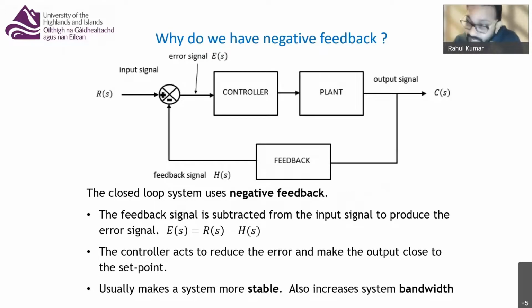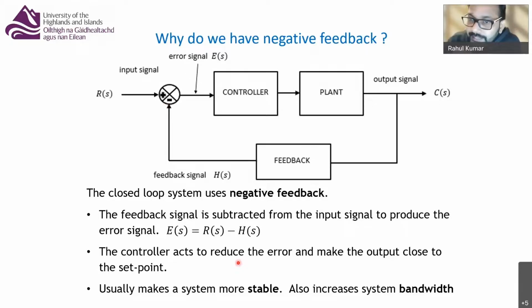Now, as I mentioned, we prefer to have negative feedback. Why do we want negative feedback? Why can't we have positive feedback? The answer is quite simple and it is a bit logical. We prefer negative feedback for a stable system.